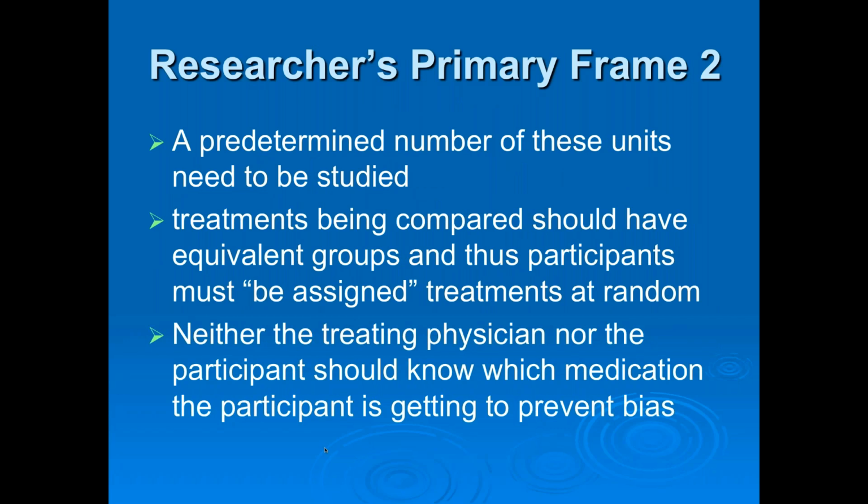So we want to have the same sorts of people in each group, and the standard way of doing that, sometimes we do it differently for practical purposes, but usually we randomize people to each group because we have statistical models that allow us to assess how likely various differences are going to be when they're really assigned at random.